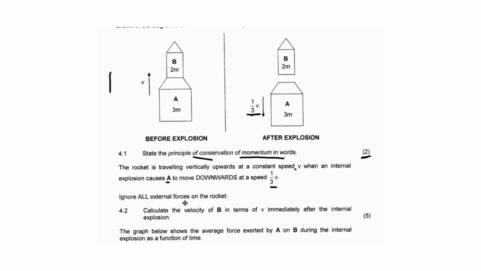Ignore all external forces on the rocket and calculate the velocity of B in terms of V immediately after the internal explosion. So we want the velocity, meaning we want V final for B after the explosion.